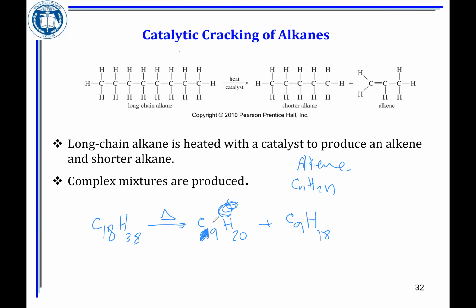Now, what happens if you have this C18H38? You apply heat, you also add H2 and add heat and add catalyst, because you have to use a catalyst for this, definitely. If you get C9H20 plus C9H, do we have to stay with 18?